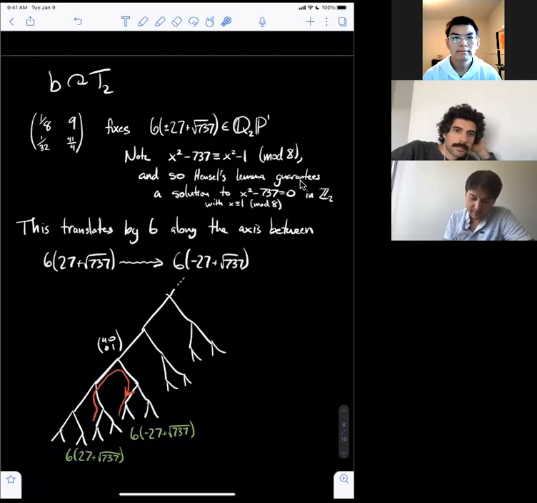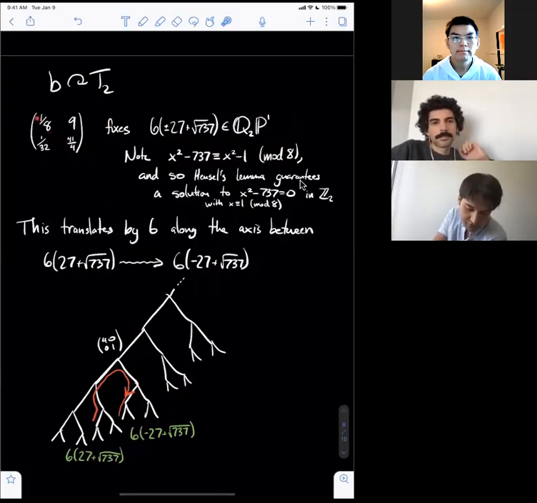Okay, and then let's see how the same matrix acts on the two-adic tree. The characteristic polynomial is equivalent to x squared minus 1 mod 8, and we get these fixed points on the boundary. Since these are fixed on the boundary, this allows you to find the axis it's translating along.